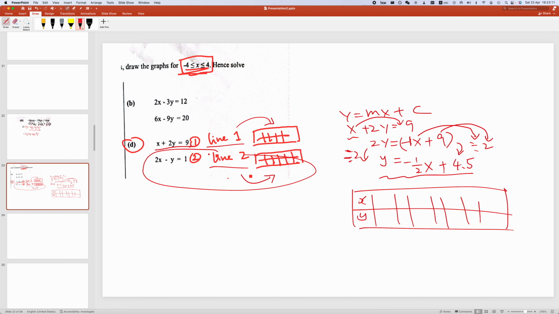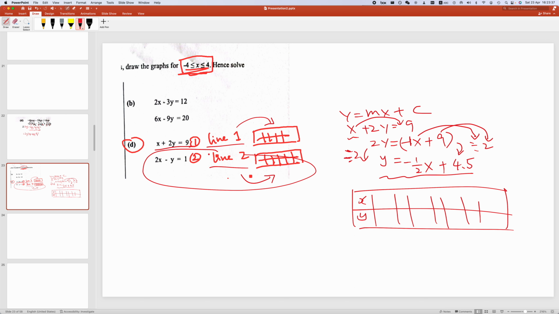Now, use this, get the value of y. Show me what you key in for the first one to get y. Okay, show me.